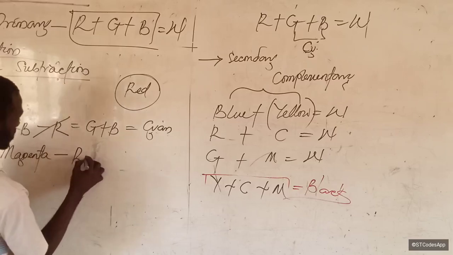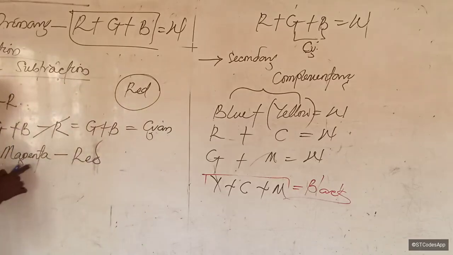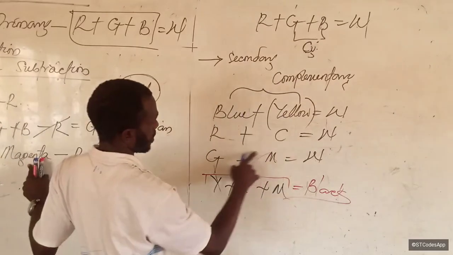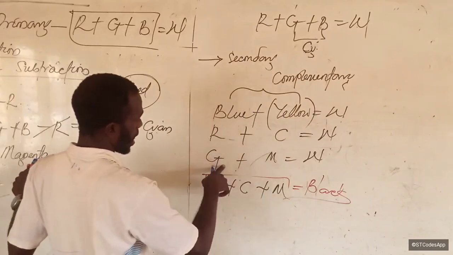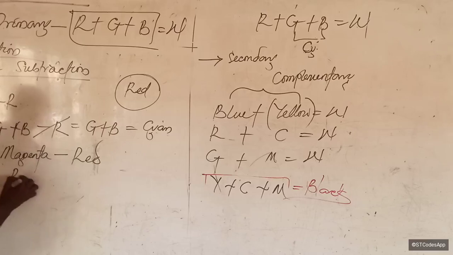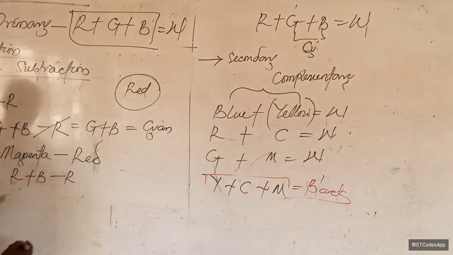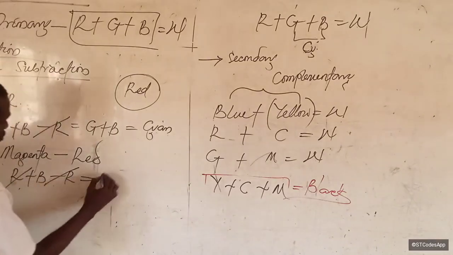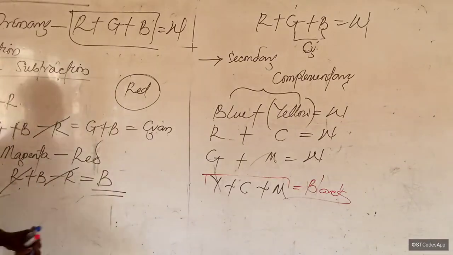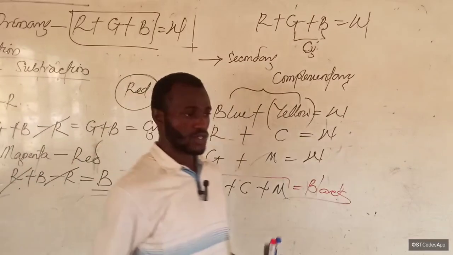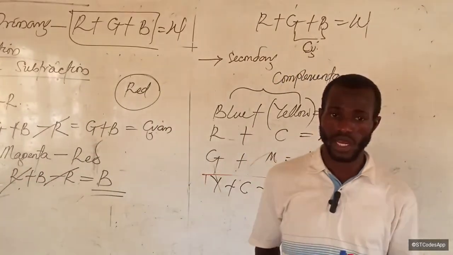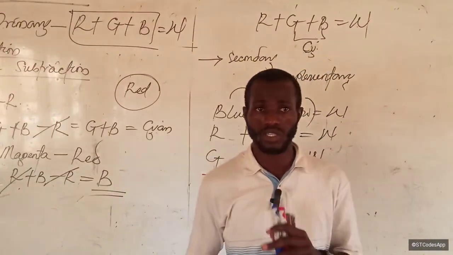Magenta is R plus B, right? So we say R plus B, that is magenta, then minus R. So this takes care of the red, and the color you see is B, that is blue. Do you understand? That is how simple color addition and subtraction is.